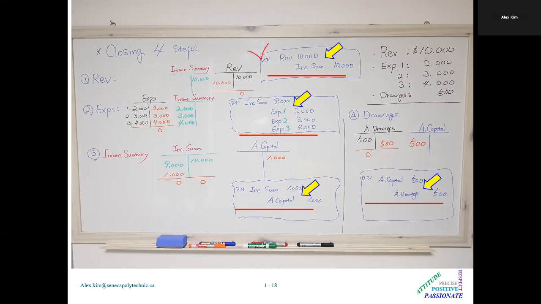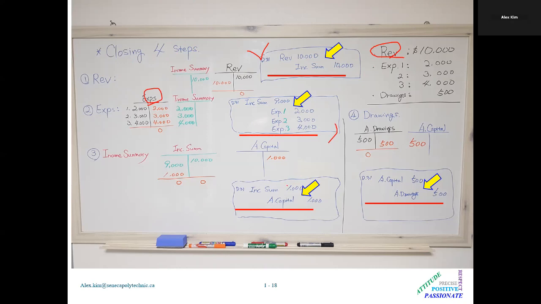So, first step of closing out of four, we close revenue: any revenue, major revenue, and also interest revenue, any revenue by name, except unearned revenue, guys. Close first, and then second step, expenses, all the expenses. We close those second. Then we create the income summary.